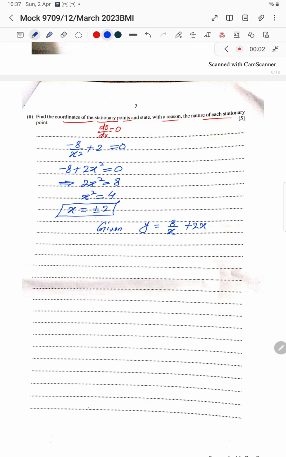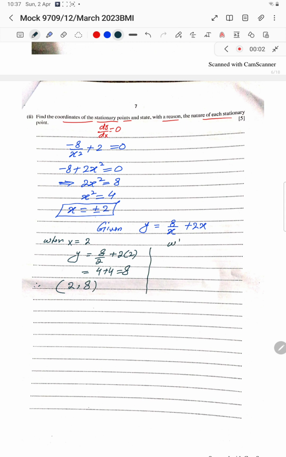So in order to get the stationary point, we need to compute x and y as well. When x is equal to plus 2, y will give you 8 by 2 plus 2 times 2, that is 4 plus 4, which is 8. So your first stationary point is (2, 8).